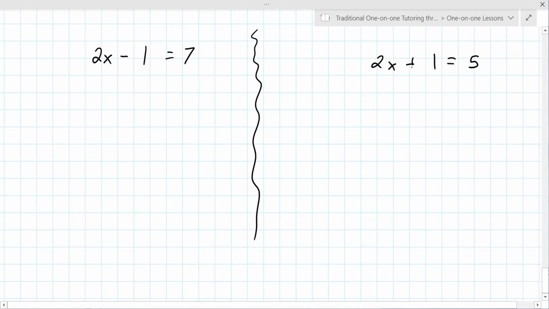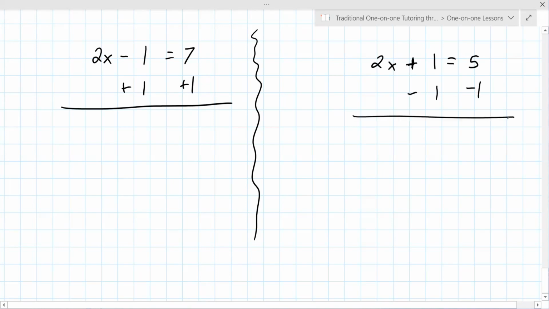On the left here, you have to undo subtraction with addition. You add 1 to both sides. Do you see that? Now on the right here, you undo addition with subtraction. So this is 2x equals 8, and then 2x equals 4.